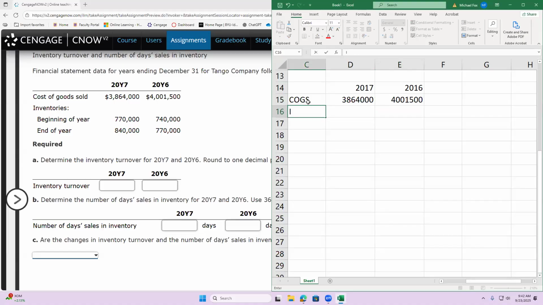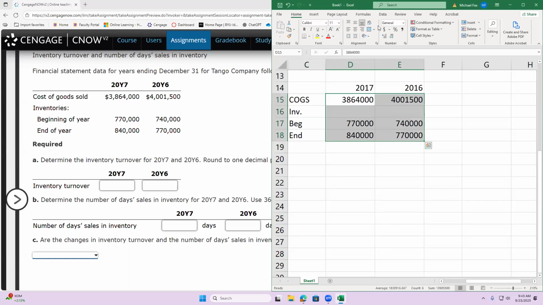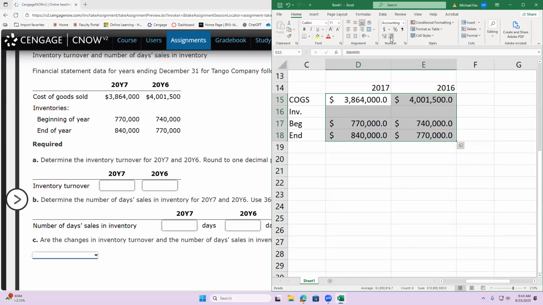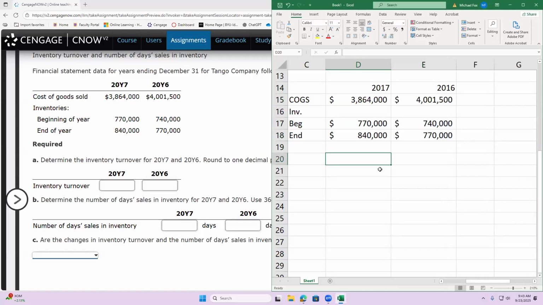And then inventories, the beginning of the year, and end of the year. For some reason, I want it to look like dollars, but I'll get rid of the decimals. All right. So again, that was just me copying over the data from the problem.